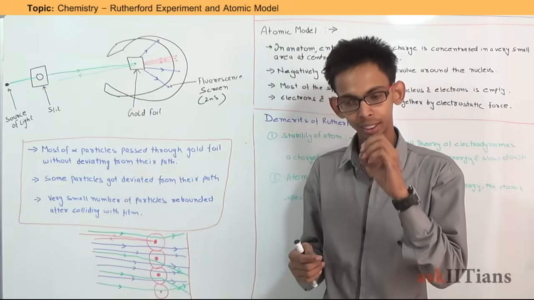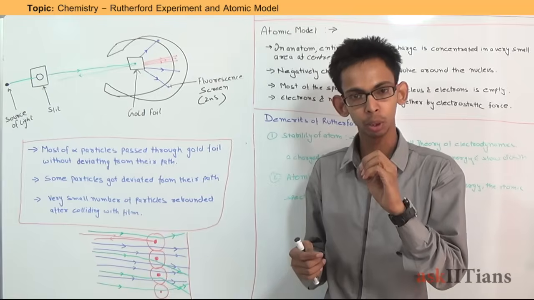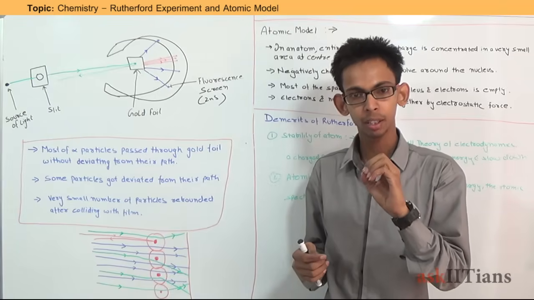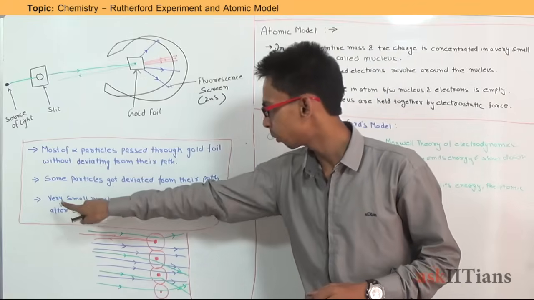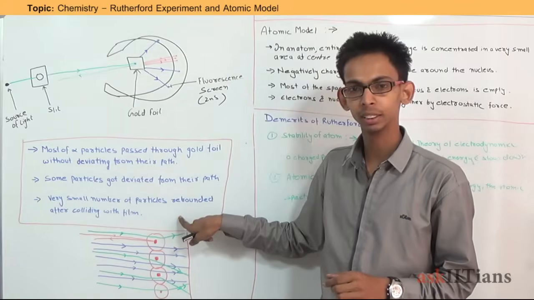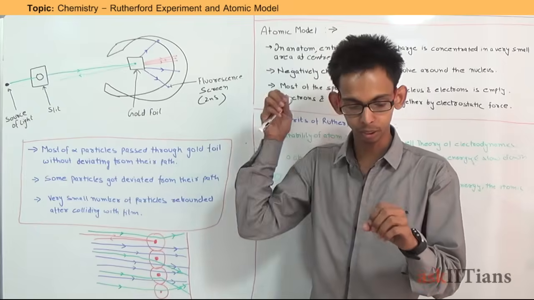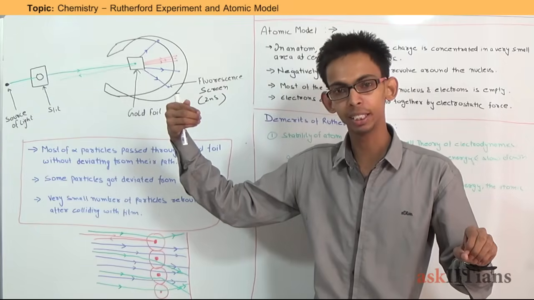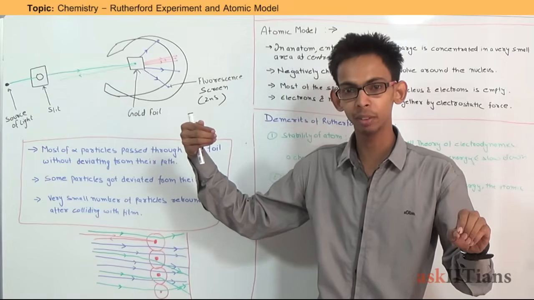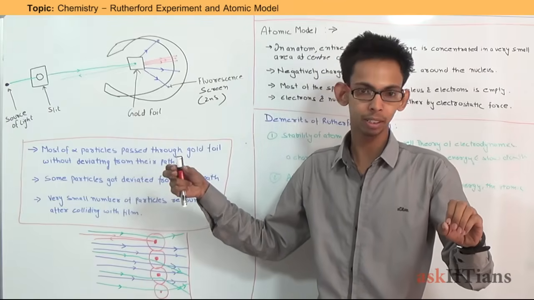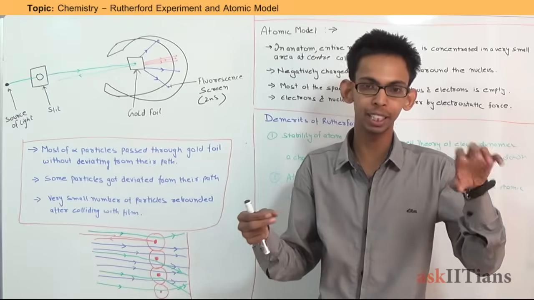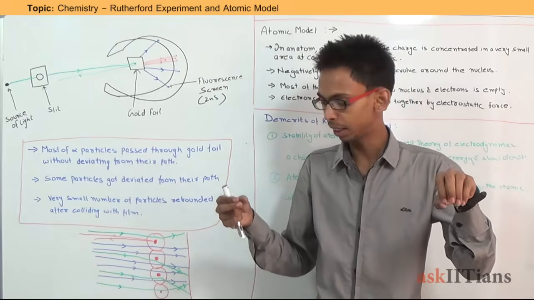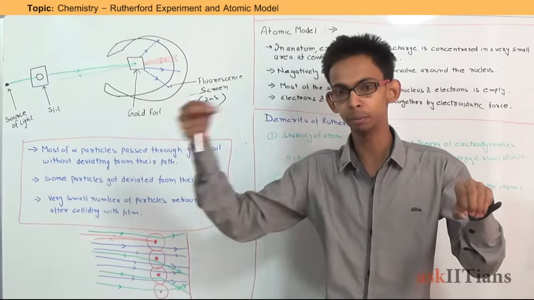So this means that there is something positively charged and small present in the center of the atom. Now, a very small number of particles rebounded. That means they collided and came back in the same direction. This can be explained because the alpha particle collided head-on with the positively charged part of the atom. That's why it came back.